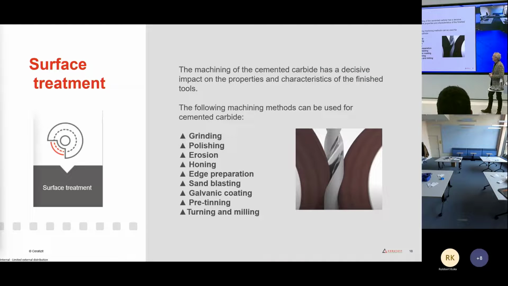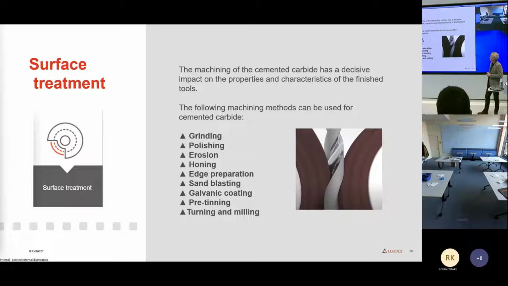We can have some surface treatments, and those are normally very expensive treatments. So it's better to choose what we can do with internal tolerances in the preforms. When you need a hole which is not so accurate, it's better to do it in the green phase.